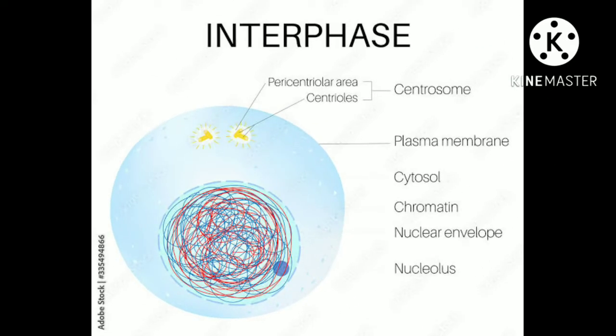Interphase is the longest phase of the cell cycle, in which a typical cell spends most of its time. It is the metabolic phase, or the daily living phase of the cell, wherein it obtains nutrients and metabolizes them, grows, replicates its DNA, and does other normal cell functions.